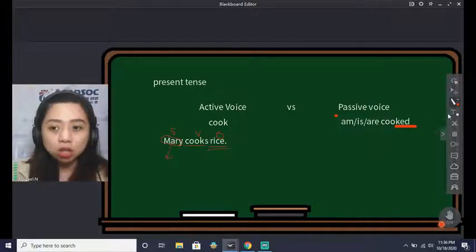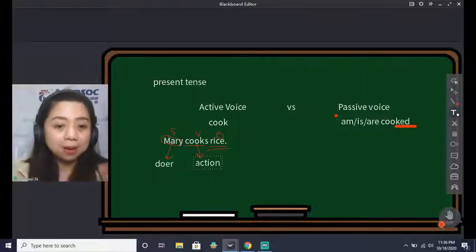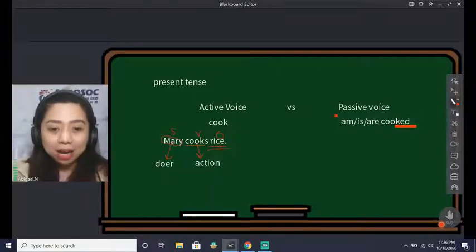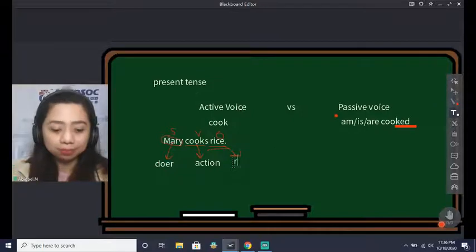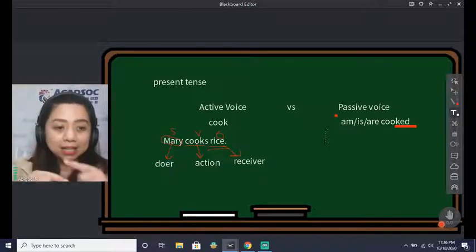The subject is the doer of the action. Cooks is the verb. It is the action done by Mary. And rice, it is the object or the receiver of the action. Now, in passive voice, we're going to switch places.